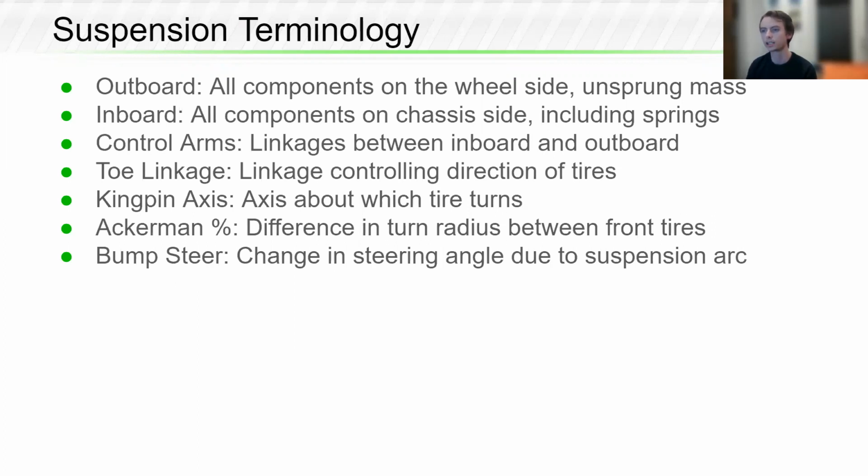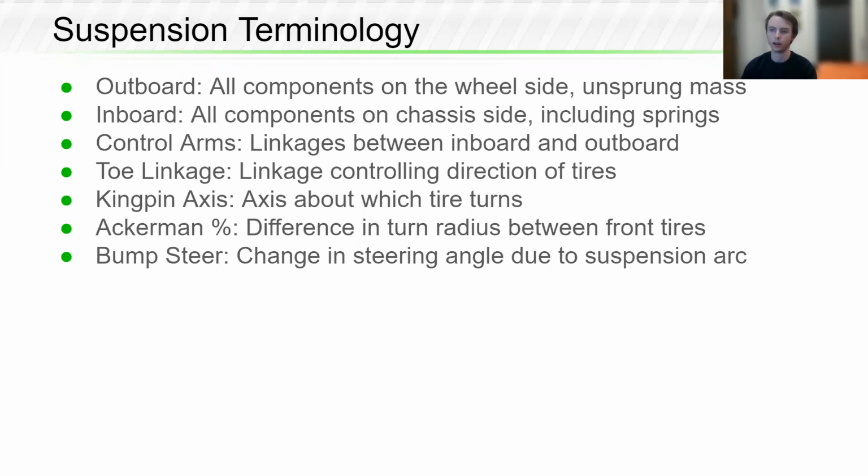The kingpin axis is an axis that runs through the tire, and it's the axis about which the tire turns, and it is affected by a handful of other angles. The Ackerman percentage is a term in steering geometry, and that's the difference in the turn radius between the left and the right tires, the two front tires that are being steered.